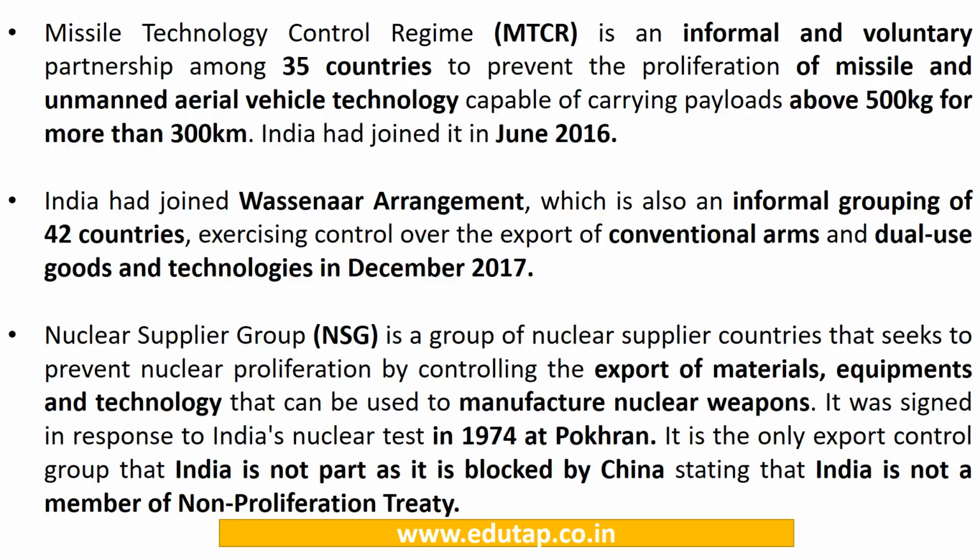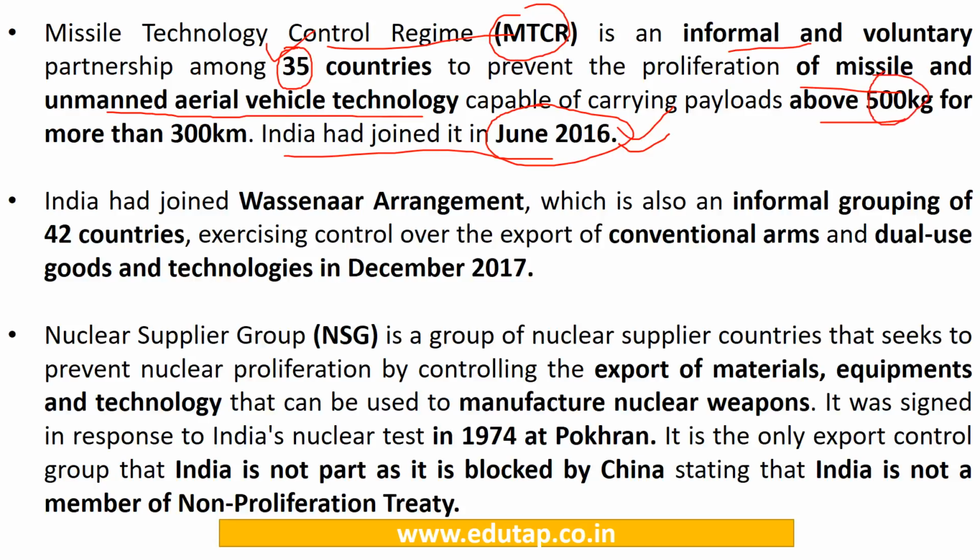Missile Technology Control Regime, that is MTCR, was the first among the 4 which India had joined in June 2016. MTCR is an informal group of 35 countries which aims to prevent the spread of missile and unmanned aerial vehicle technology capable of carrying payloads above 500 kg for more than 300 kilometers.